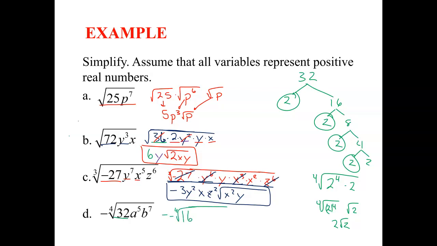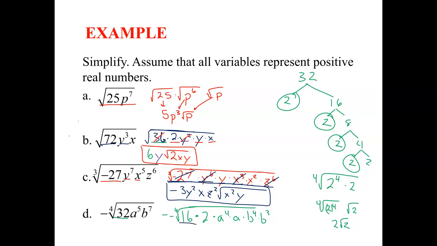Negative 16 times 2, a to the 5th is a to the 4th and a. So a to the 4th and a. B to the 7th is b to the 4th and b to the 3rd. Good. Okay.